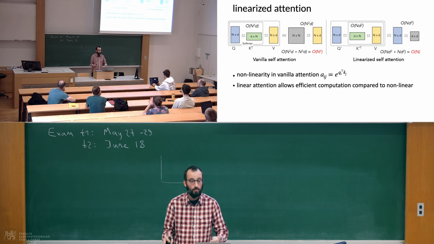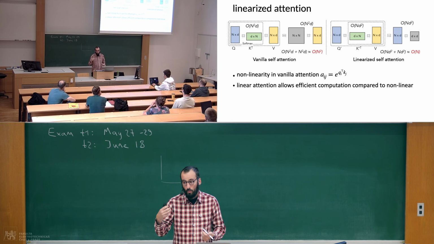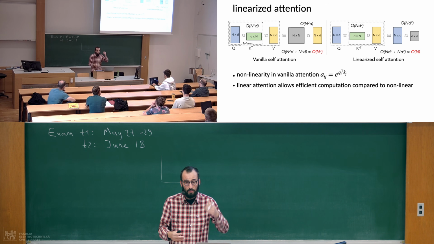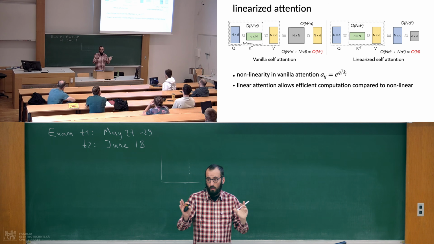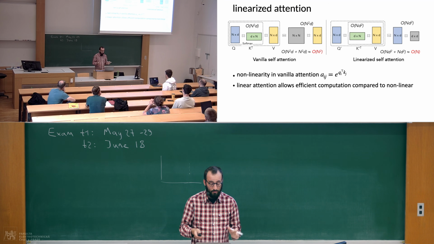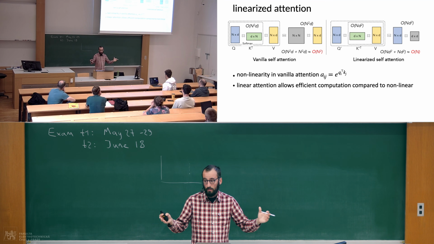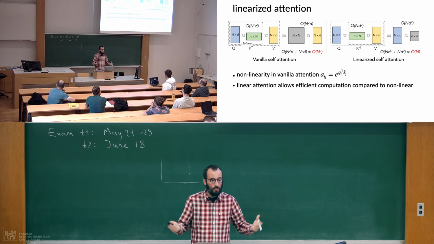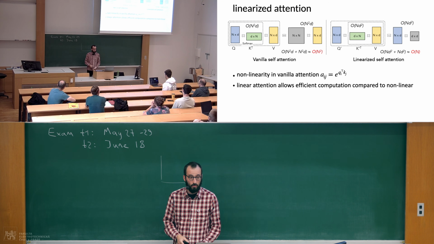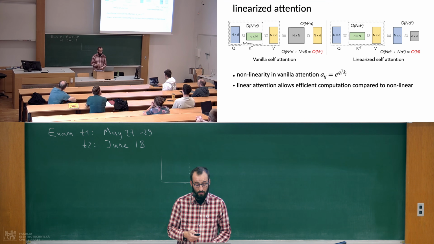Where is this helpful? Not everywhere. When the sequence length is much larger than the dimensionality, which in many tasks it is. Say you have NLP tasks where the context, as we call it, the sequence length, is tens of thousands or up to hundreds of thousands of tokens. There, such an idea can really matter.